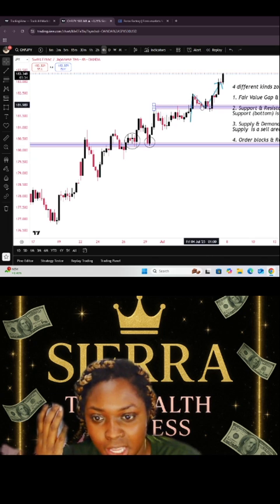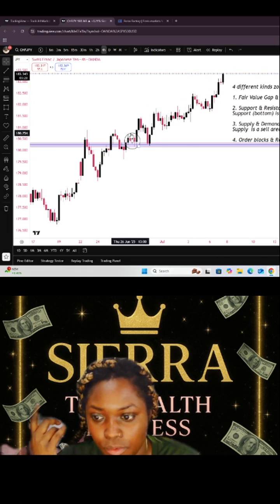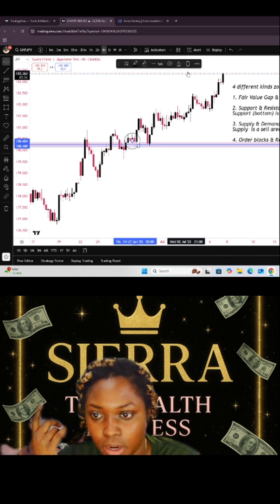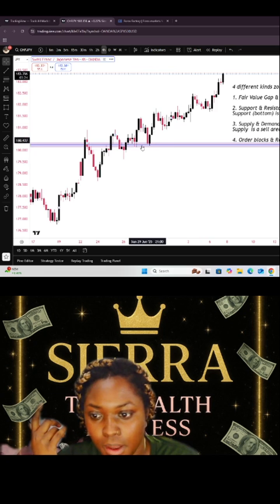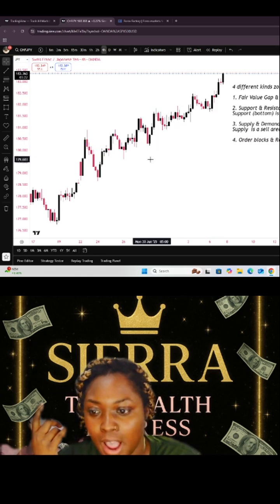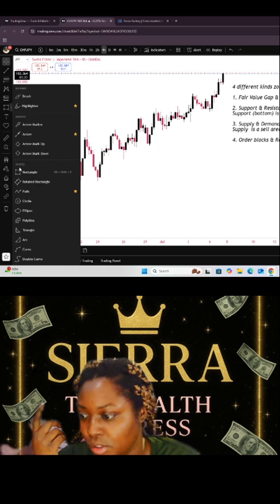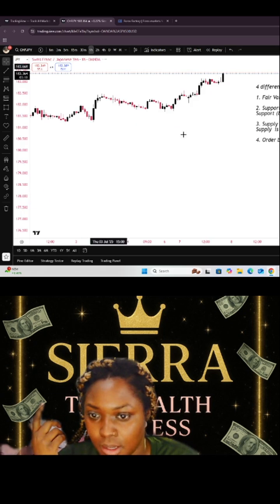Order block is defined as the last down candle before the up move. And I'm going to show you here. So you want to find an impulsive move, right? Let's come to the hourly.